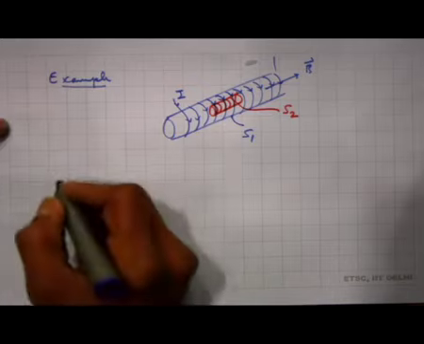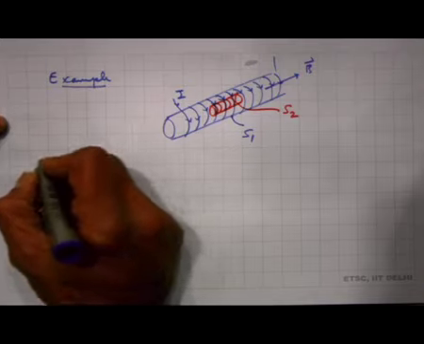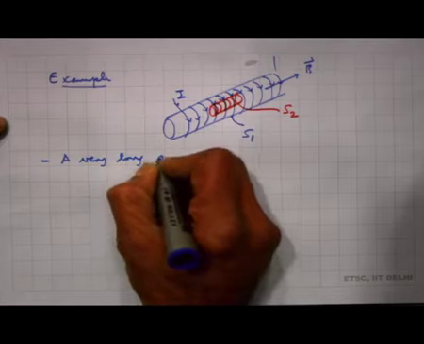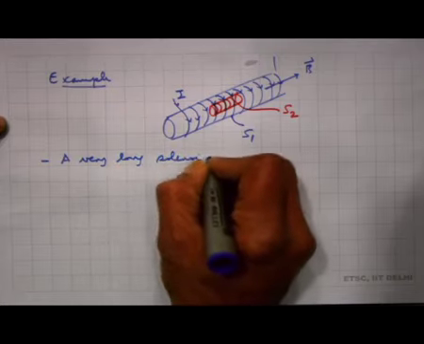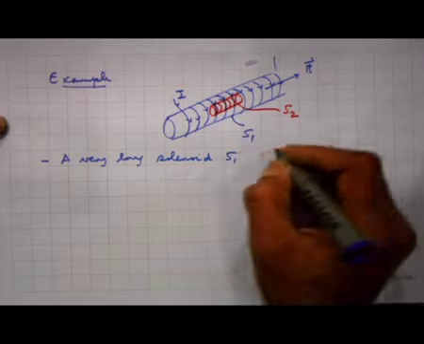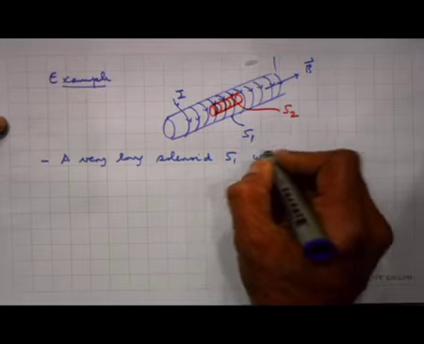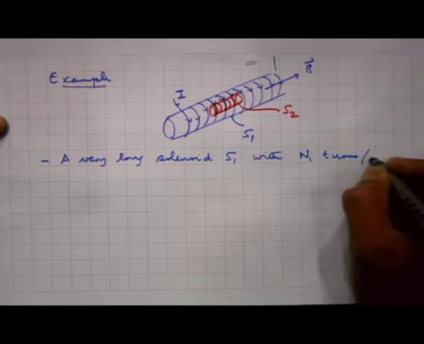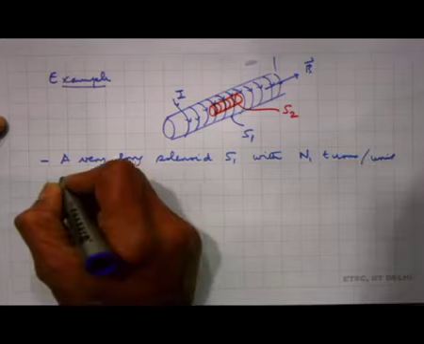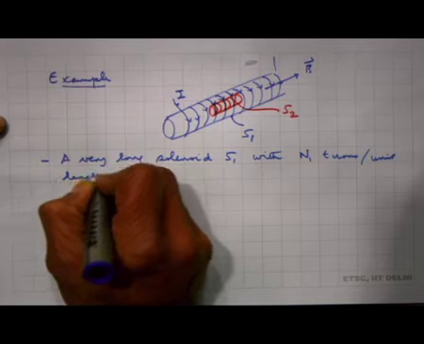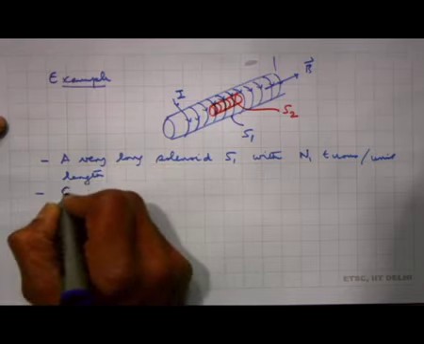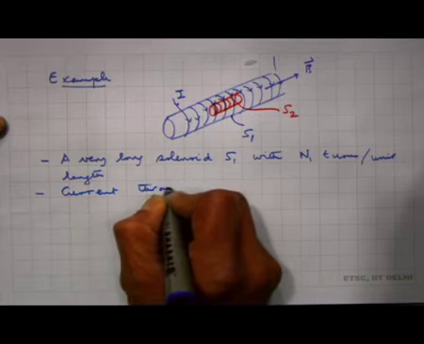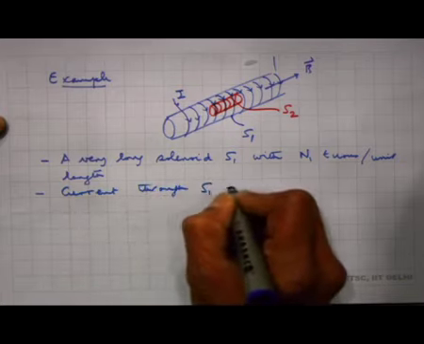So, let me assume a very long solenoid S1 with N1 turns per unit length. Let me assume the current through S1 is equal to I1.